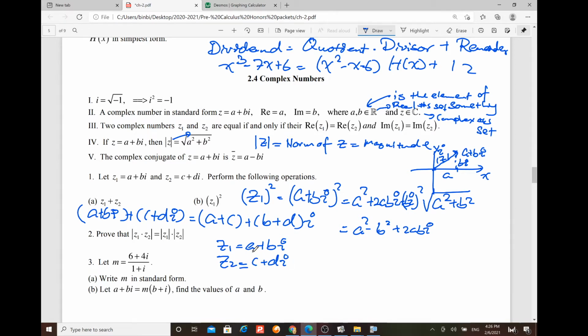Multiply these two complex numbers, so we have a plus bi times c plus di, and then we'll take the magnitude. Then we want to find the magnitude of each one of these complex numbers.